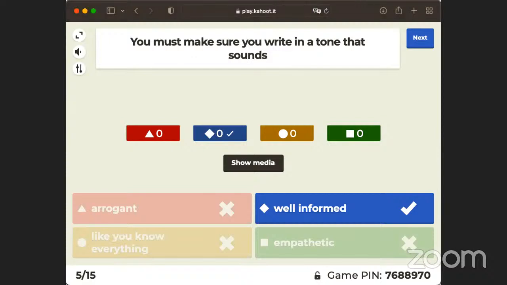All right, so you must make sure you write in a tone that sounds well informed. This means that you should have at least read information about this online or in articles, so that you know what's up with this specific topic nowadays.